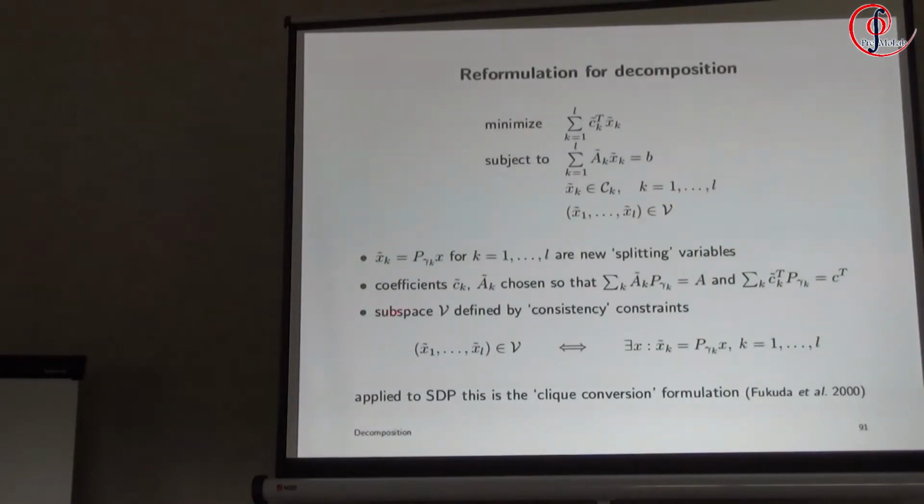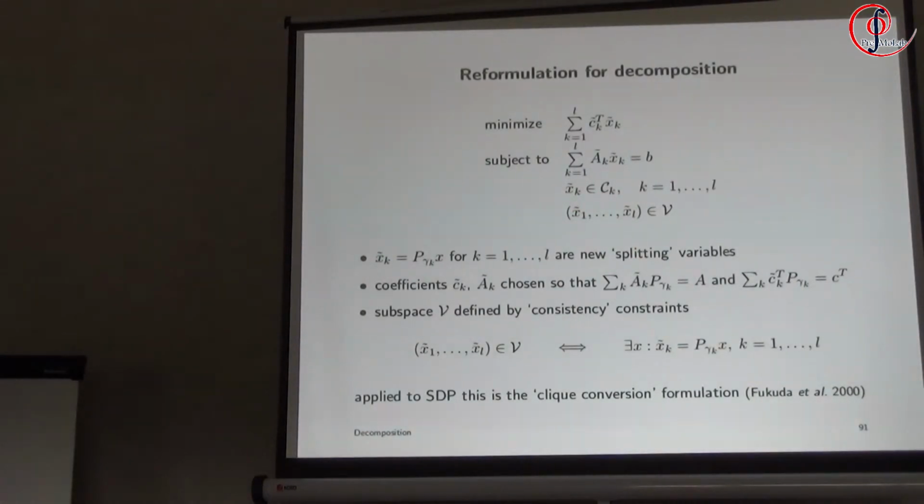So you have a choice in coefficients, and it actually can be important to use that. But it's always certainly possible to find matrices A_k tilde and c_k tilde that are equivalent to the original problem. So we made the problem much larger by introducing all these copies of variables, but we simplified the inequality constraints.